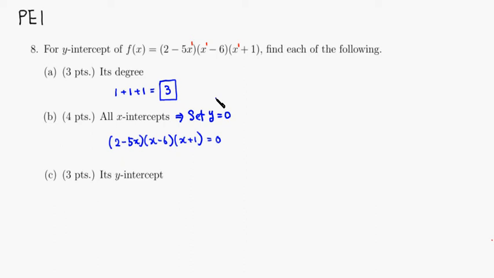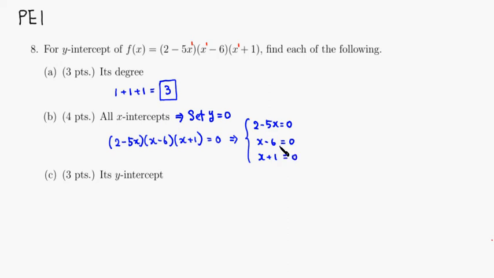Then we can just set each factor equal to 0. So let's let 2 minus 5x equal 0, x minus 6 equal 0, and x plus 1 equal 0.